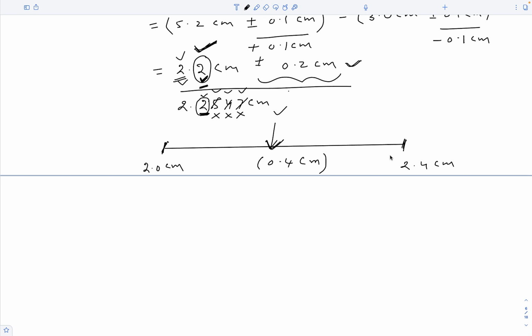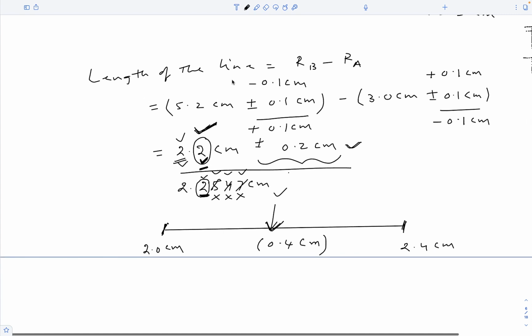So if you want to know the length of this line more precisely, you must discover the values of more digits in its length. But because we are allowed to estimate only one digit in any measurement, the rest of the digits must all come straight out of the measuring device.